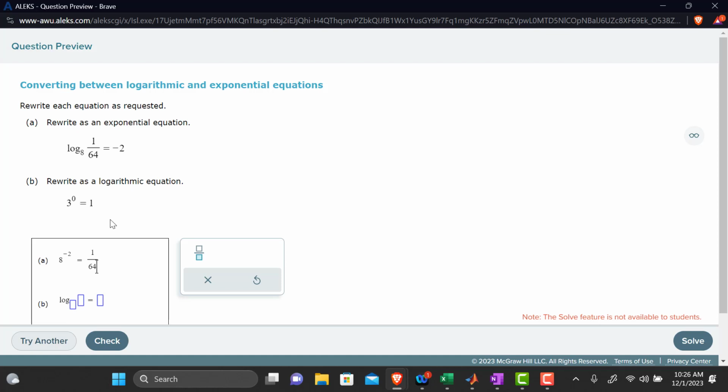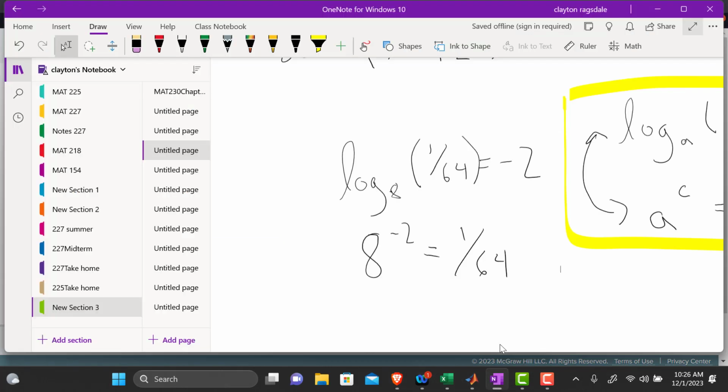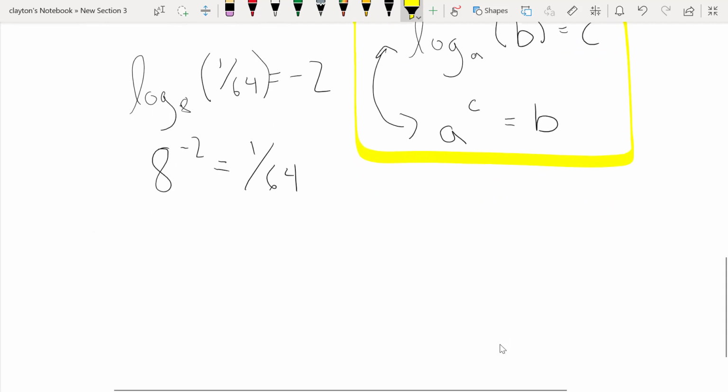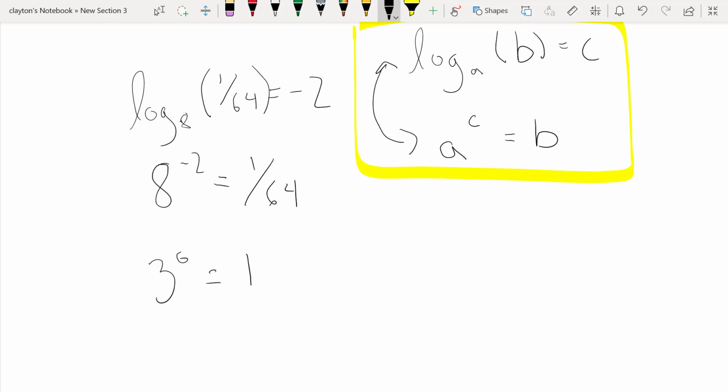And the other one is 3 to the 0 equals 1. And so let's go back. 3 raised to the 0 is equal to 1. Well, according to this, our relationship, this means that we would have log base 3 of 1 is equal to 0.